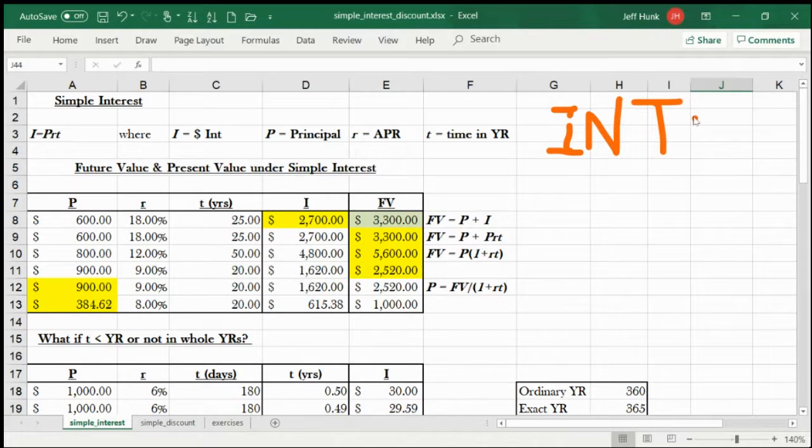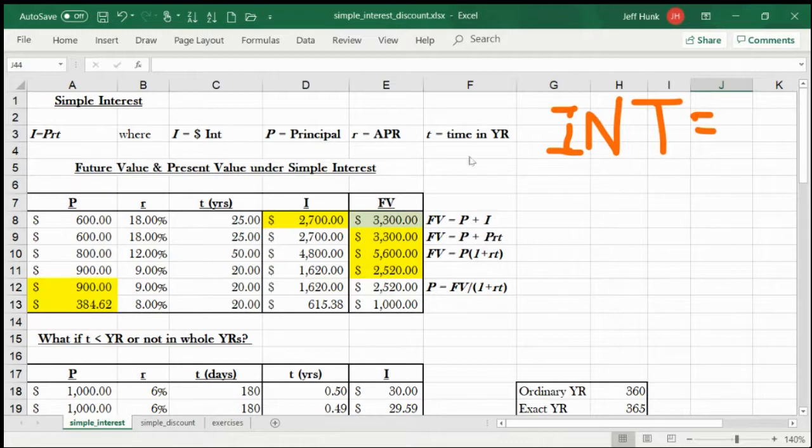This is the result of, let's say, you put $10,000 in the bank, and 1 year later, if the interest rate is 10%, there will be $11,000 in your bank account.